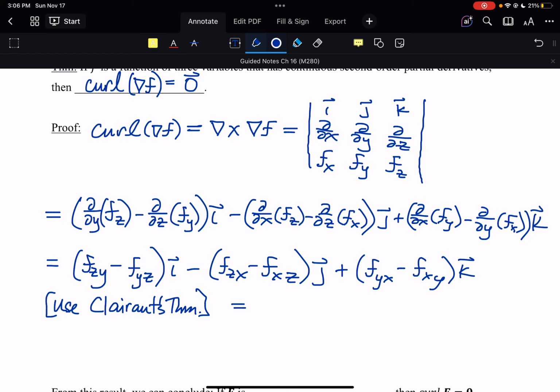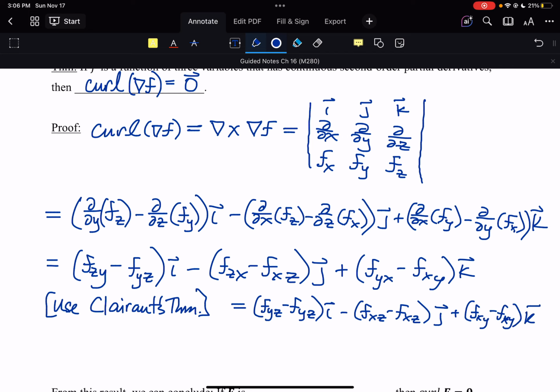So we could switch the order in any way we want. This would be fyz minus fyz, i, minus fxz minus fxz, j, plus fxy minus fxy, k, which is 0i plus 0j plus 0k, which of course is the zero vector, which is what we were trying to prove.